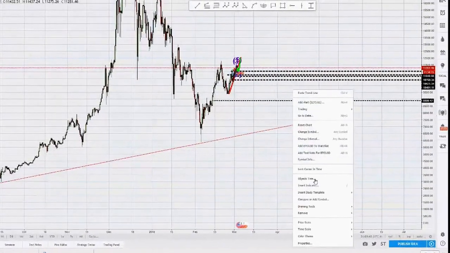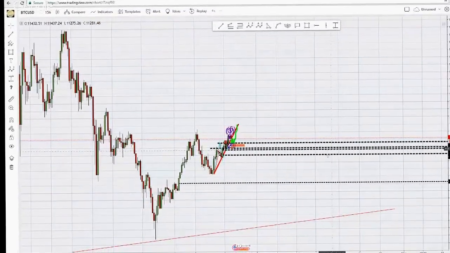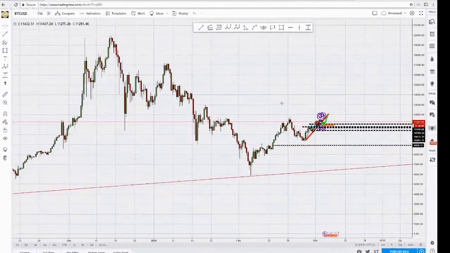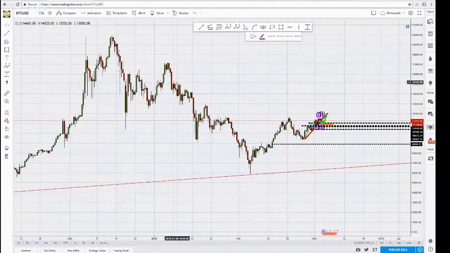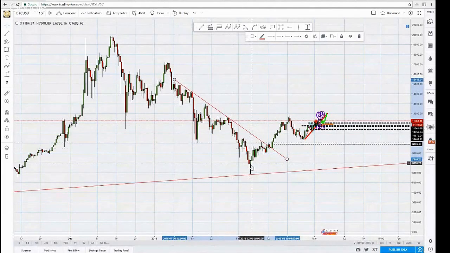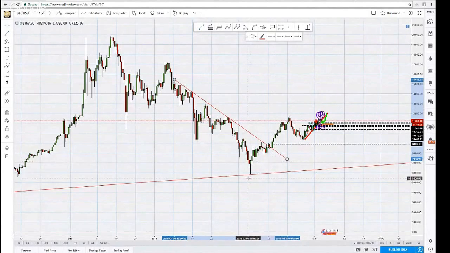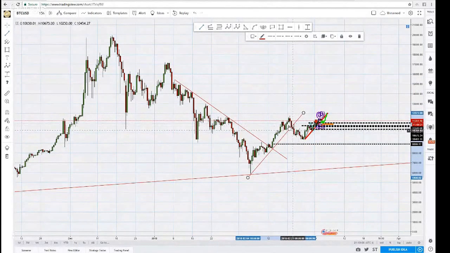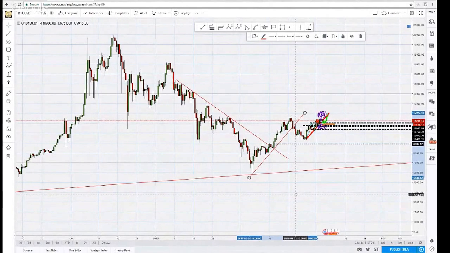If you were to look for an intermediate trend line on this chart, you'd actually draw it on the way down like this, because the price is what you're looking at. So this would be an intermediate trend line, and then we broke away. And if you want another intermediate trend line, you draw it like this, and then we broke down from this, and now we are in this one. So we'll see where we end up with these ones. But that's the way that you draw trend lines.